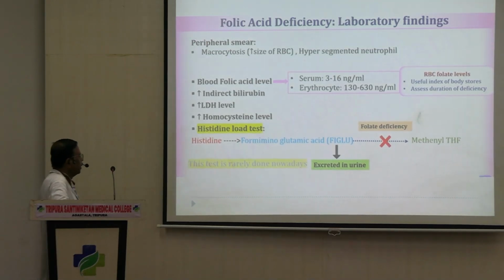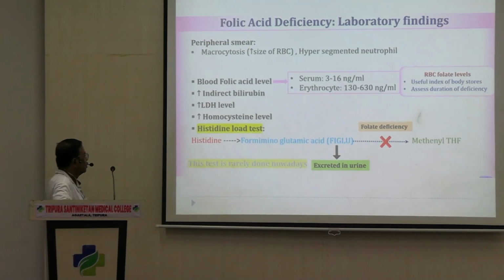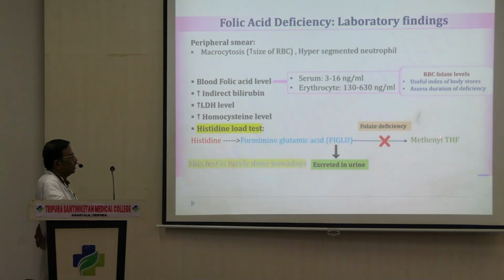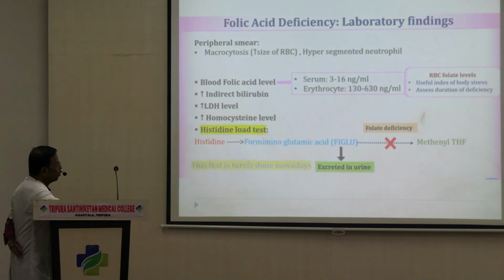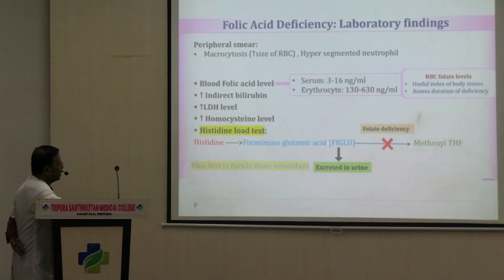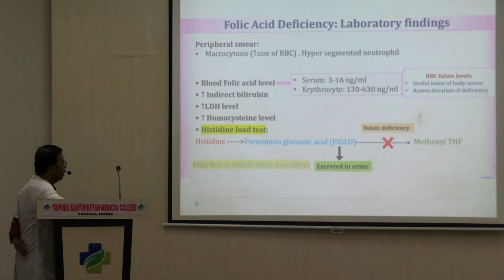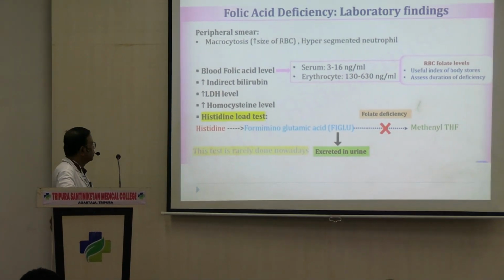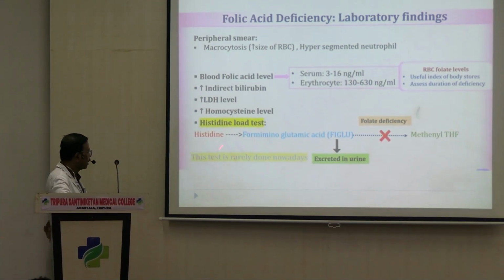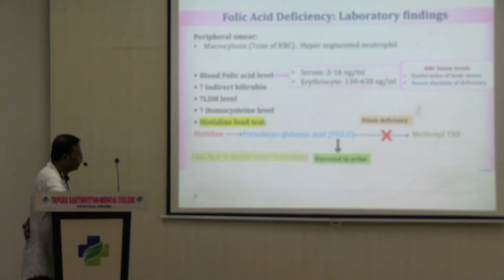When histidine is given, it cannot be converted into methenyl tetrahydrofolate. So there will be increased formiminoglutamic acid that is excreted in the urine. So this is estimated, and indirectly the folic acid deficiency is diagnosed. But nowadays it is not performed.